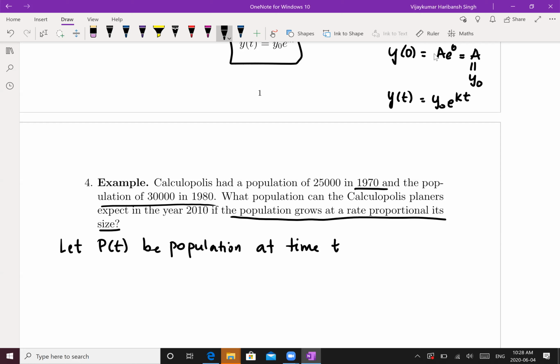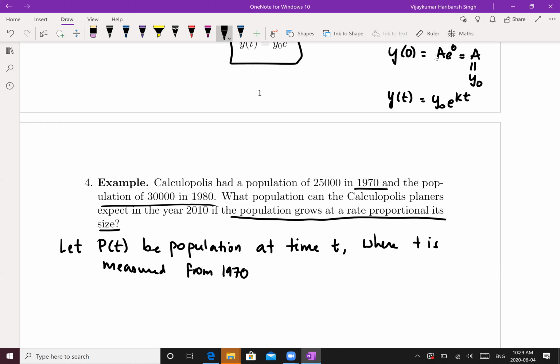Now, first of all, you have to decide whether you take t equals 0 as 0 AD, or you can say, starting from 1970. It will give you the same answer though. Let t be measured from 1970. What does it mean?